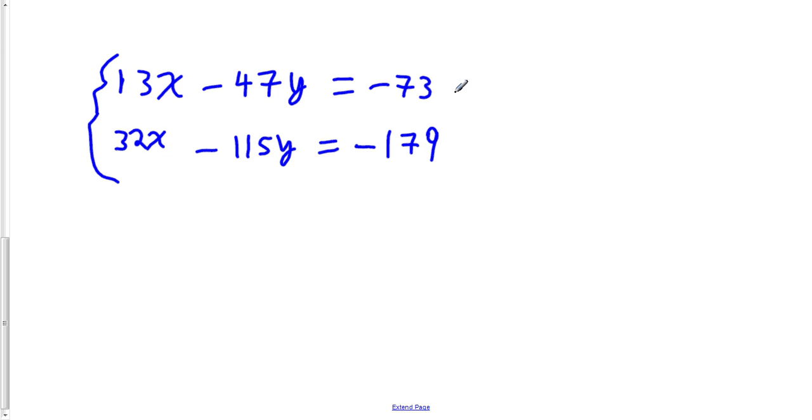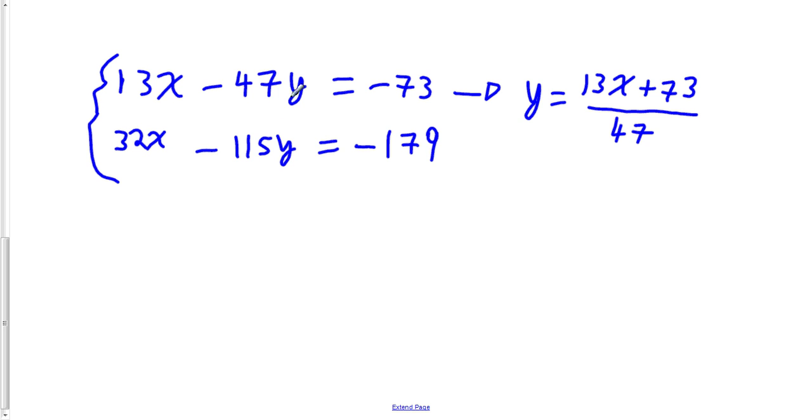If I try to isolate y, I'm going to get y is equal to 13x plus 73, all divided by 47.